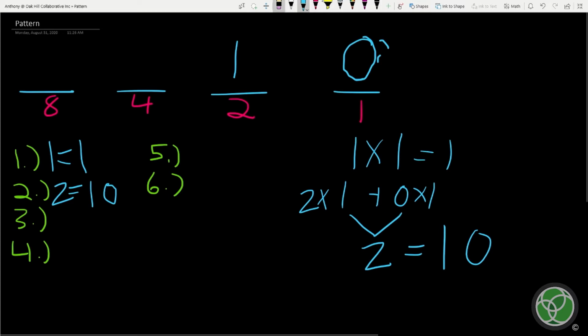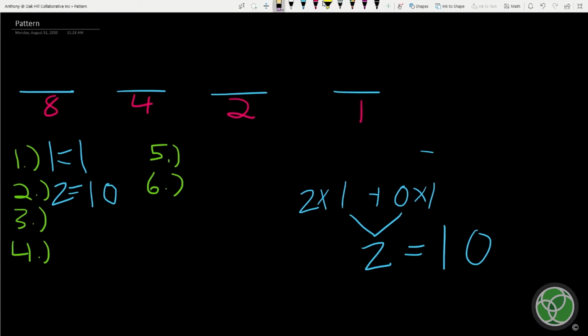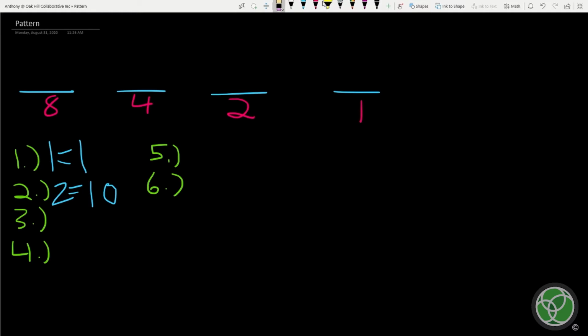All right, so I'm going to erase this, give us a clean slate, and while we're looking, you can take a moment and guess number 3. So the next number we're going to solve is binary number 3.